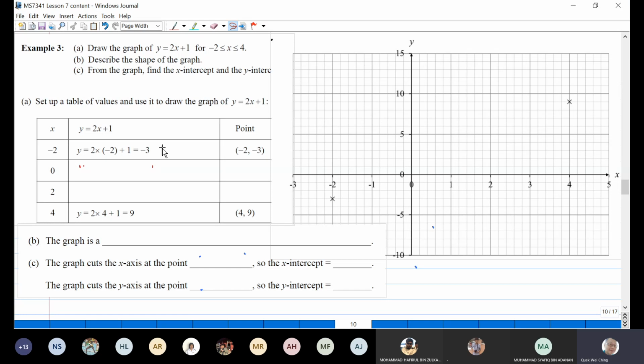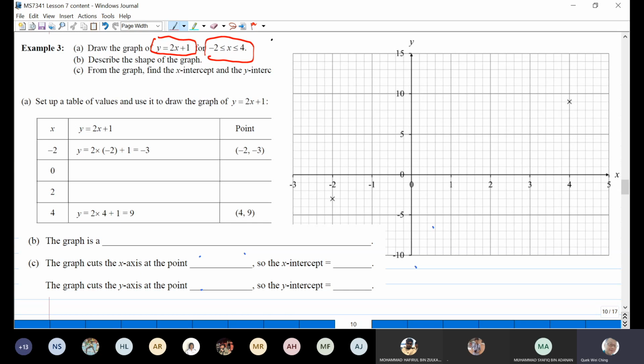So this example is about how you draw the straight line graph completely from scratch. So the equation of a straight line, in this case, is y equal to 2x plus 1. And it says that I want to draw the graph from x equal to minus 2 to 4.